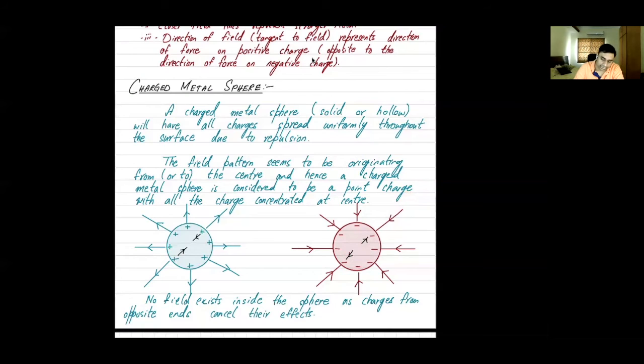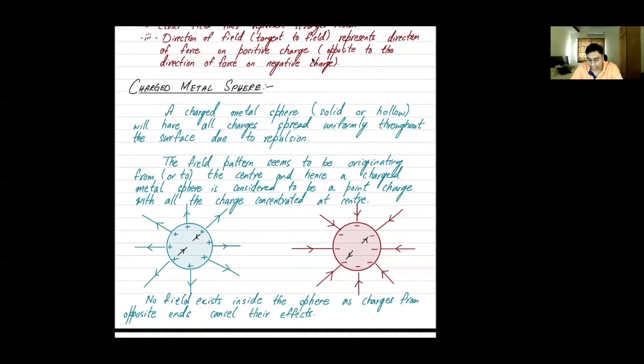What do I mean by that? Let's say I put a test charge, a proton or an electron, anywhere here. That proton would experience the same force near the sphere as it would have experienced had it been a point charge right at the center.